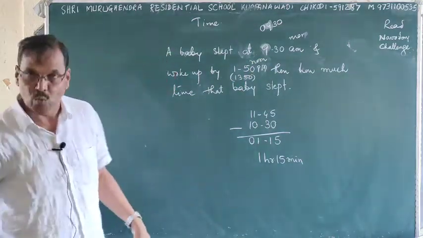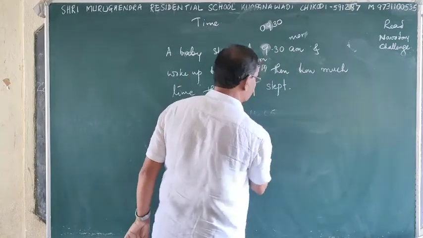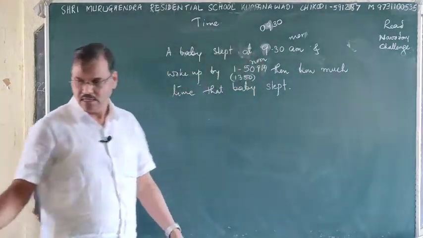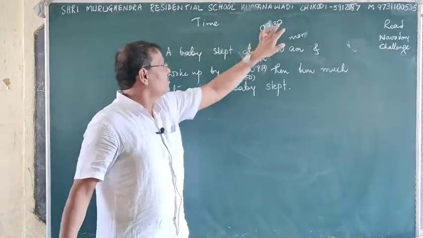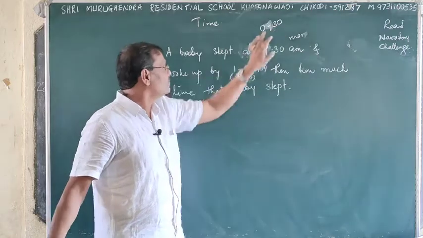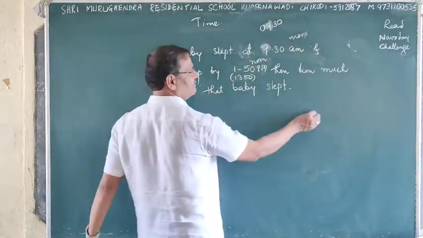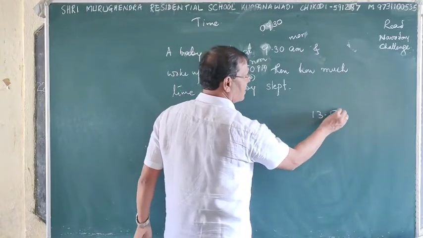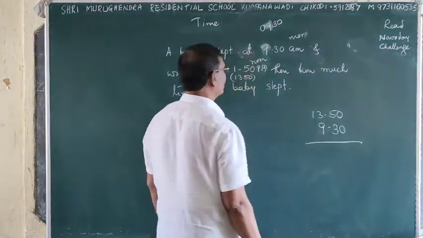Then what to do? If it is real time, then directly it is upgraded. See, 9 to 13 it is raised. So directly from 13:50 you are subtracting 9:30.